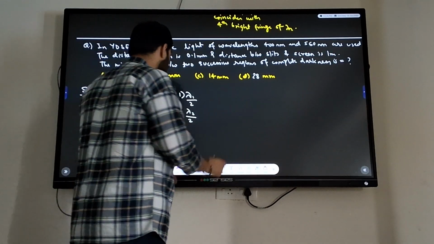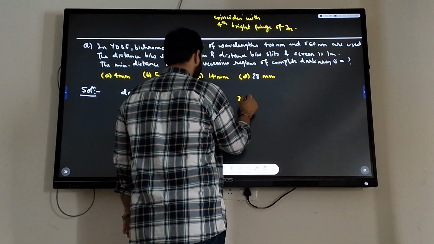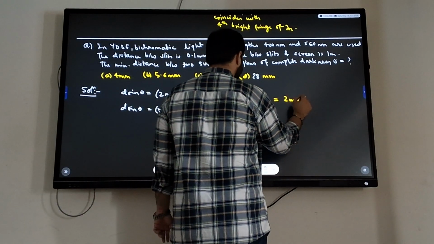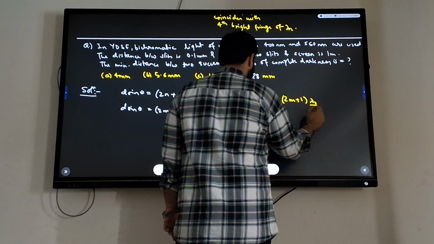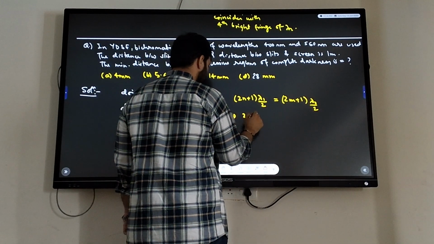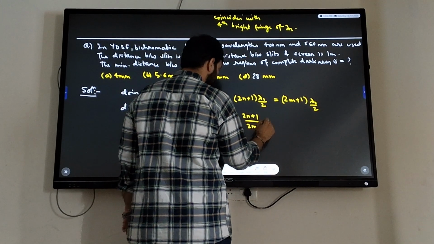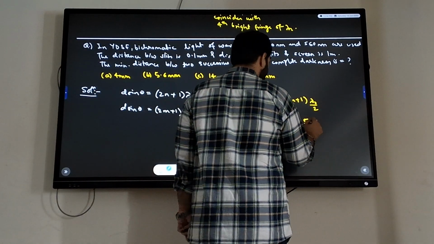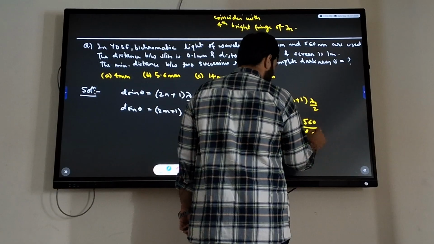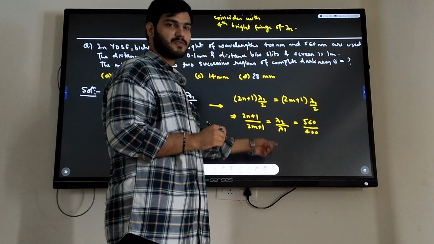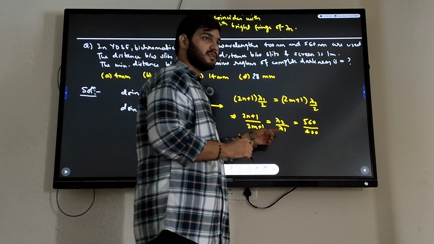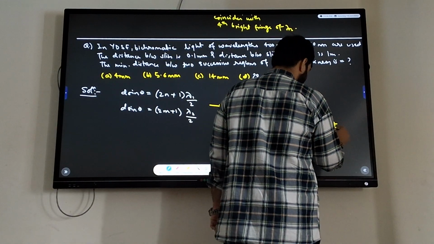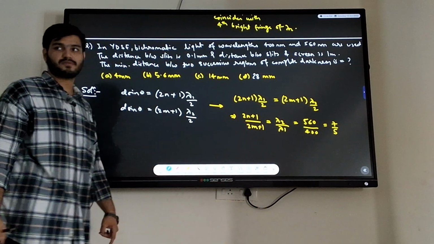So from this you will get 2n plus 1 lambda 1 by 2 equal to 2m plus 1 lambda 2 by 2, and then 2n plus 1 by 2m plus 1 is equal to lambda 2 by lambda 1. What is that? 560 divided by 400. And what is the reduced form of this fraction? 7 by 5 is the reduced form.